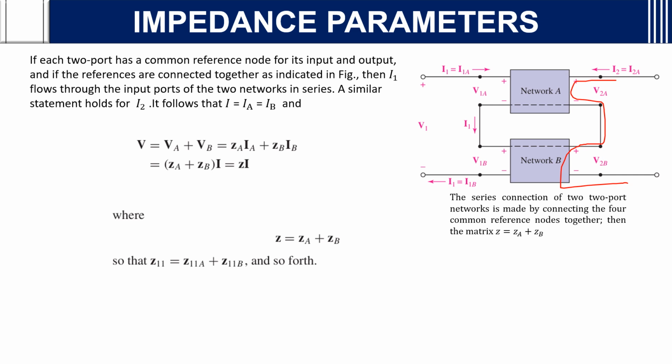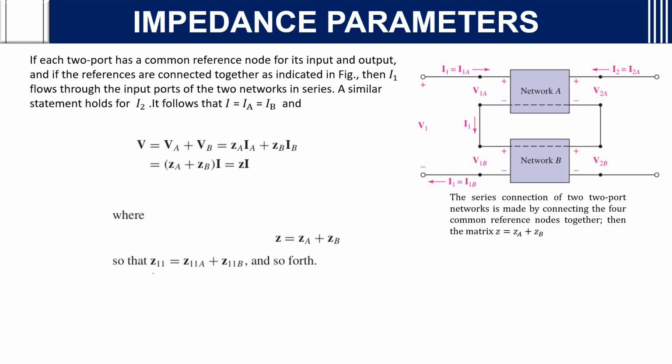So what they tell is, from this it follows that I is equal to IA is equal to IB, and V is equal to VA plus VB. VA is nothing but ZA into IA, and VB is nothing but ZB into IB. So if you take IA and IB as I, ZA plus ZB into I is equal to ZI, where Z is equal to ZA plus ZB.